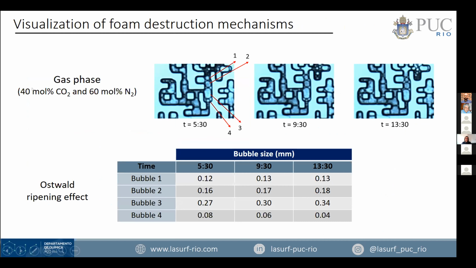In this case, for example, when we have the mixture of CO2 and nitrogen, if we follow one of the bubbles, like this one, bubble 3, you can see that its size is being increased, while the size of bubble 4 is being decreased, which are adjacent bubbles in this bubble train in the channel. So we can follow up on this Ostwald ripening effect. We have also done some work on that, getting some graphics and some trends.